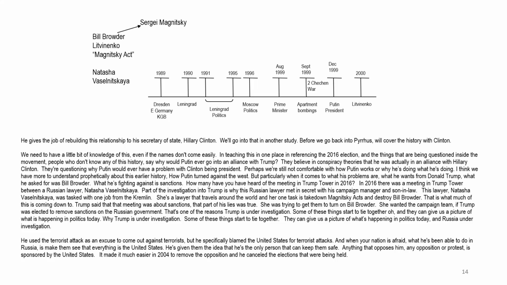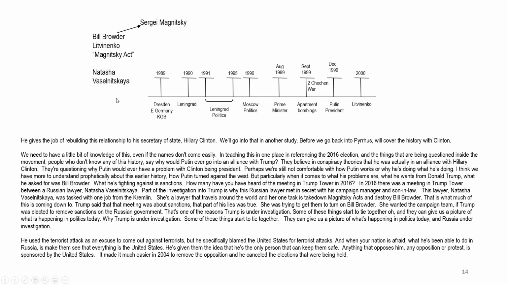He's given them the idea that he's the only person that can keep them safe. Any opposition or protest is sponsored by the United States. It made it much easier in 2004 to remove the opposition, and he canceled the elections that were being held.